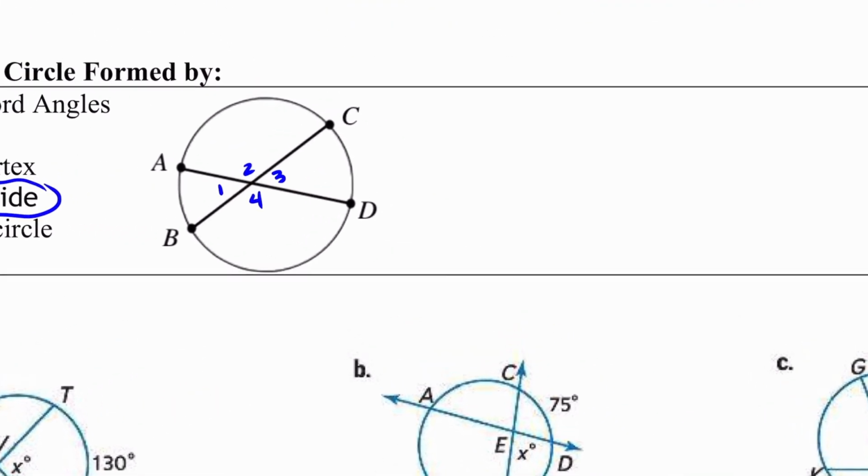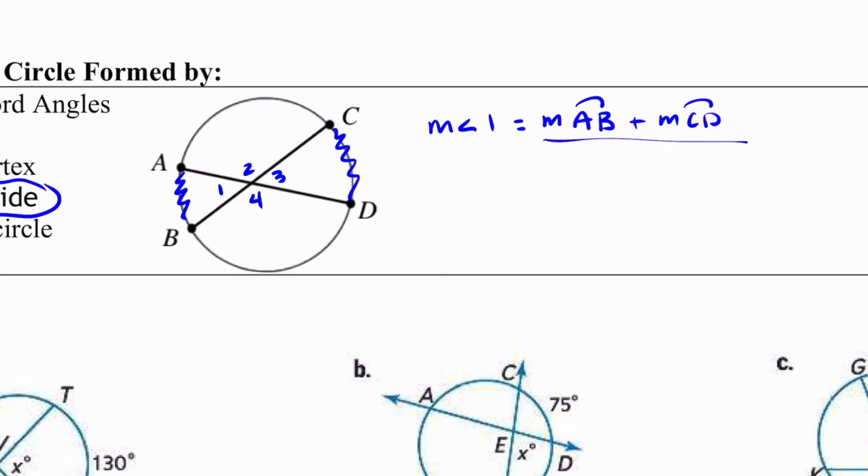To find the measure of angle 1, this is the formula. Measure of angle 1 is equal to this arc plus this arc, all over 2. So this is the measure of arc AB plus the measure of arc CD, all over 2.